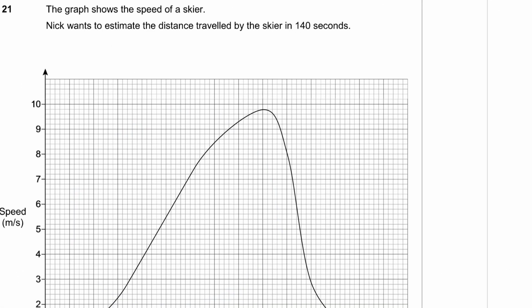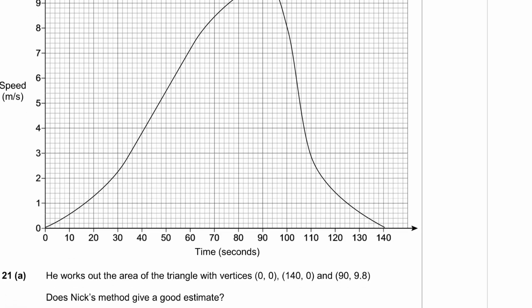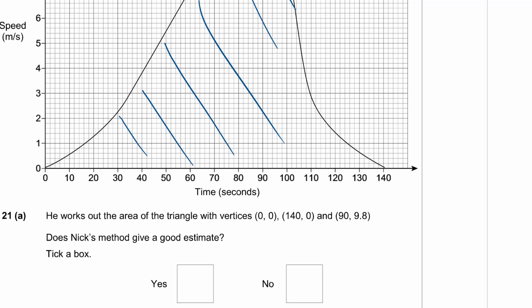Question 21. We've got a speed time graph which we're told represents the speed of a skier, and we're told that Nick wants to estimate the distance travelled by the skier in 140 seconds. Now distance travelled is the area under the graph, so we're going to have to work out what this area is. So he works out the area of the triangle with vertices 0, 0 and 140, 0.